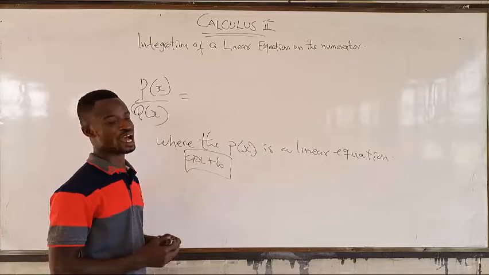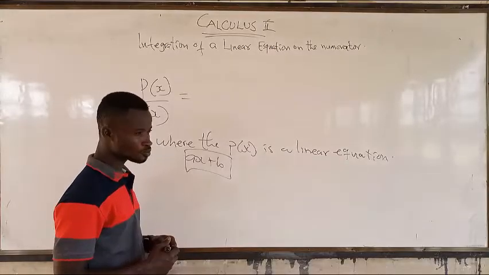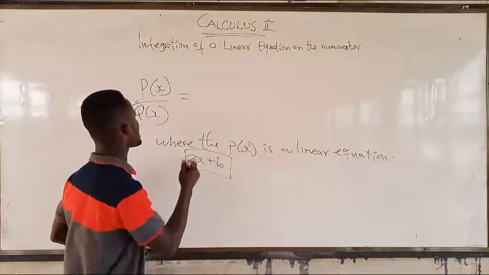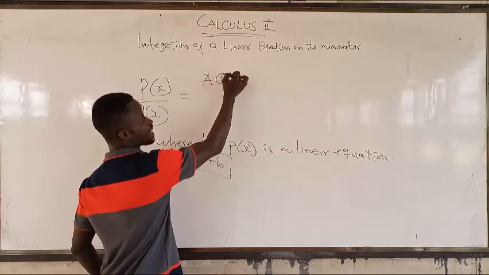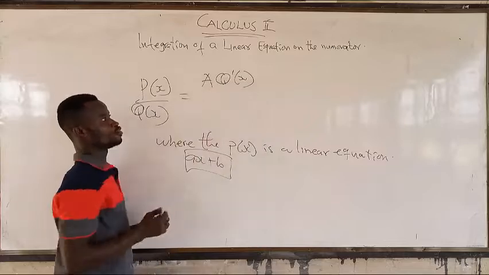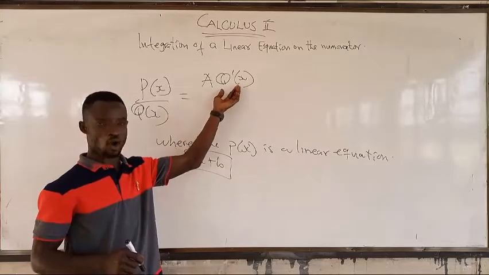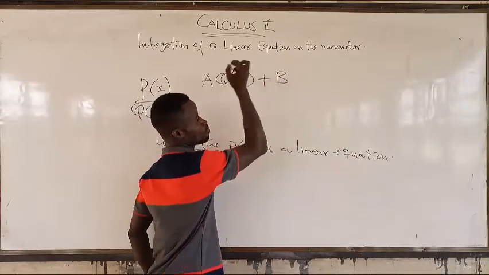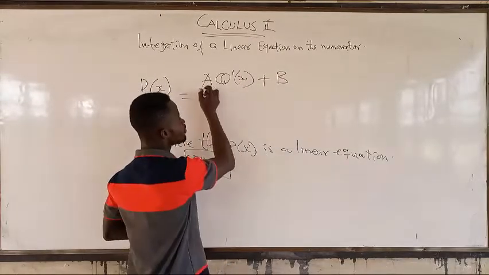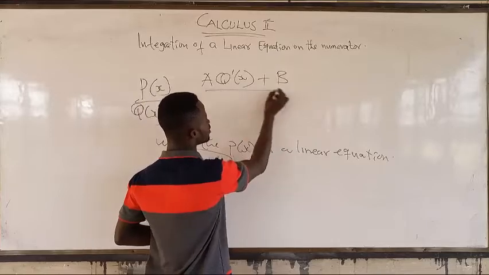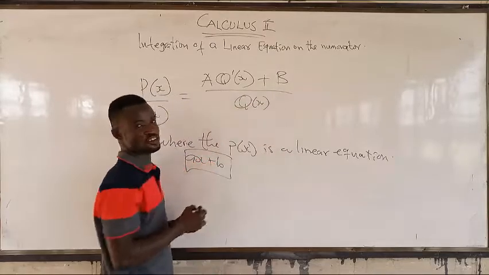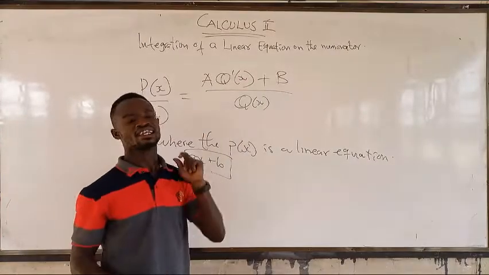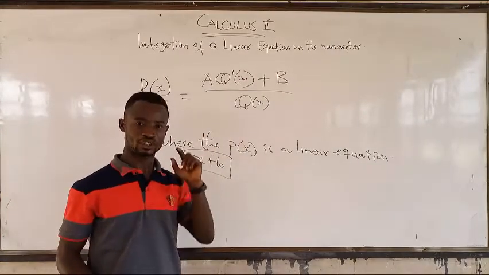So the only thing that we can do is, firstly, we are going to multiply A by the derivative of the function of Q of S. Then we add B. Then we divide the whole thing by Q of S. Don't forget that A and B here are constants that we are going to find.